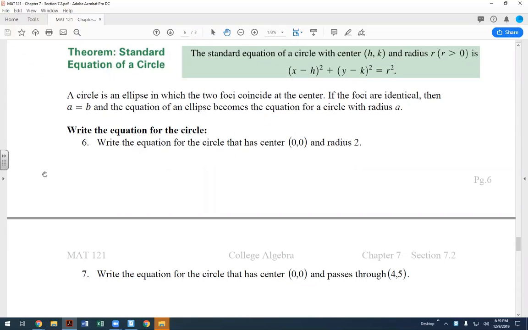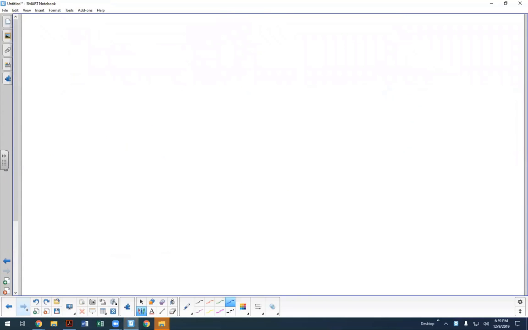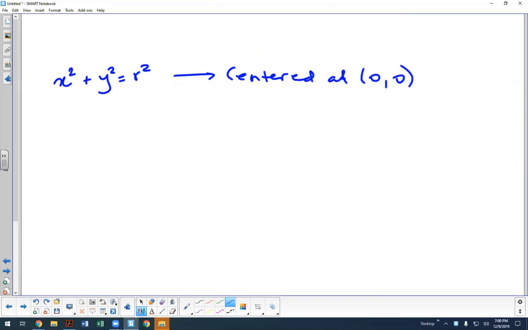So when they're asking us to write the equation of a circle, if it helps, and you don't have to, you can remember that for a circle centered at 0, 0, you can just have this form of the equation: x squared plus y squared equals r squared.